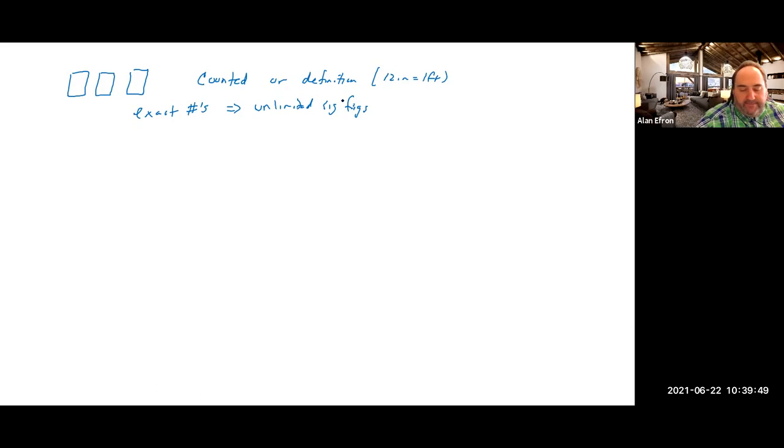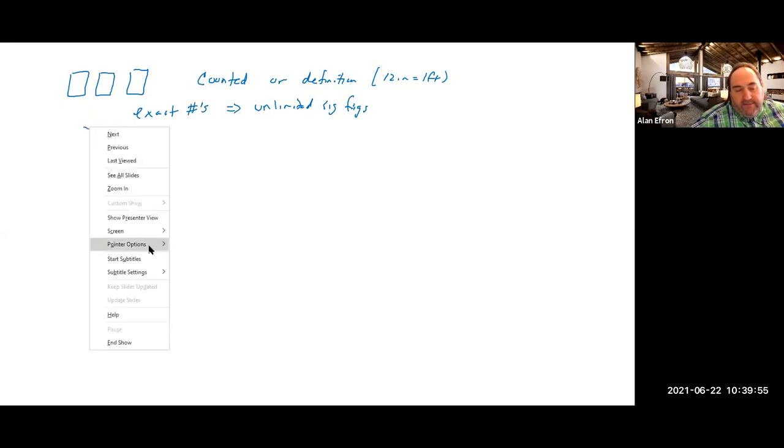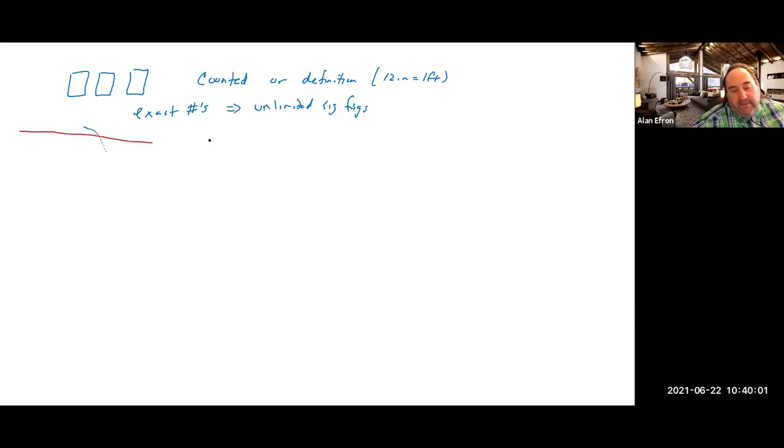Now, when we do calculations with significant figures, a reminder of the rules with sig figs and calculations. There's really 2 groups of things that we do. We either multiply and divide, or we add and subtract.